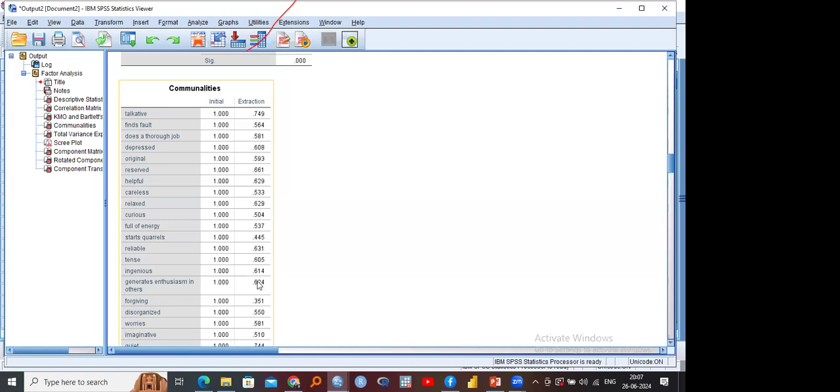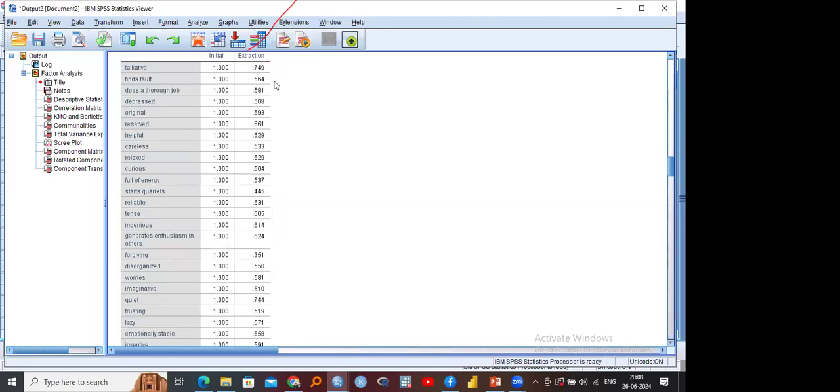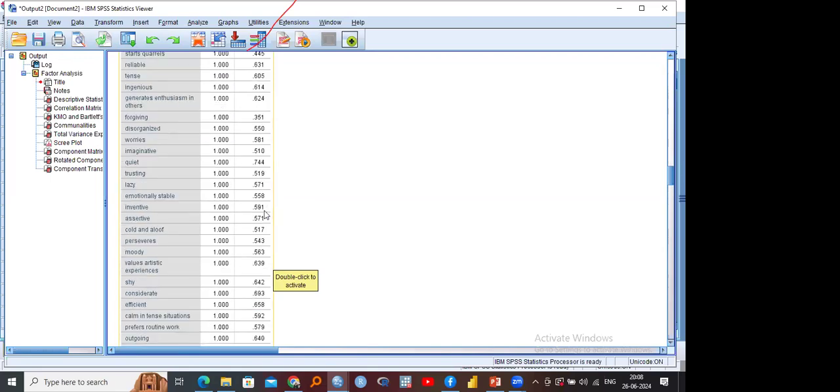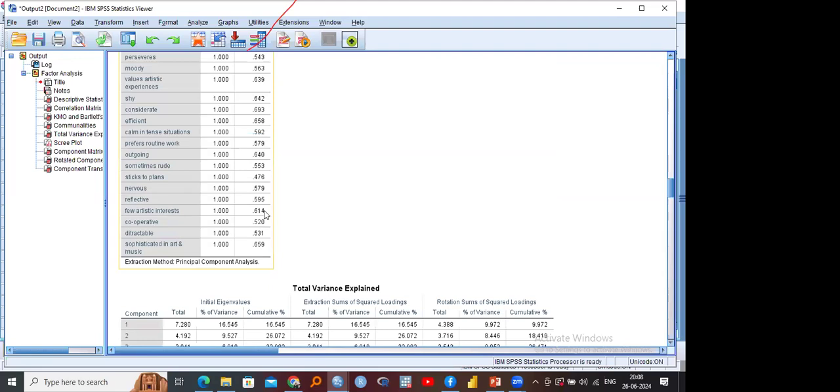In our case, as we can see, there are some variables which have extraction less than 0.5. कौन से variables हैं? Okay, start squirrels has extraction less than 0.5, है ना? It is 0.445. Then forgiving has extraction less than 0.5, 0.351. I think there are only two variables which have extraction less than 0.5.